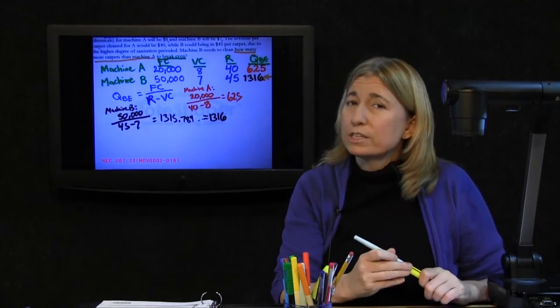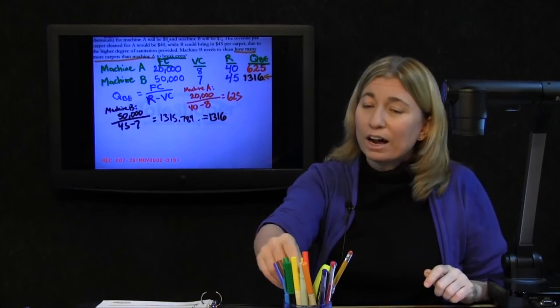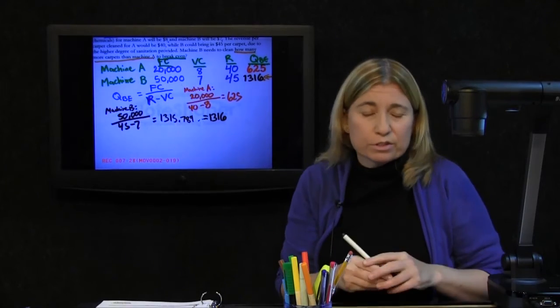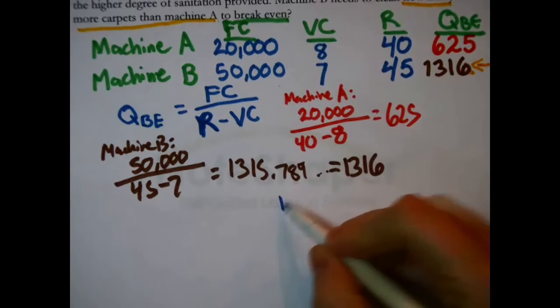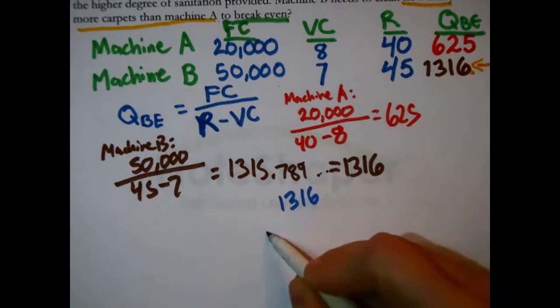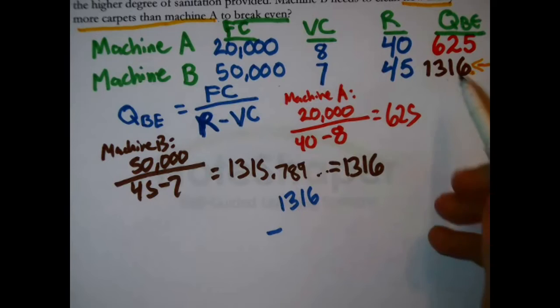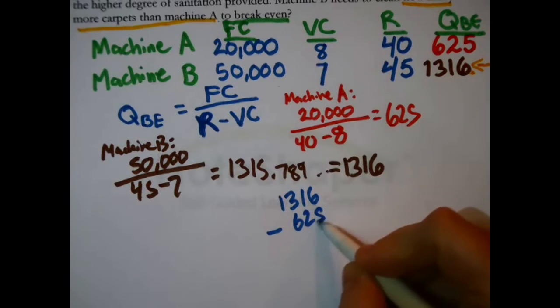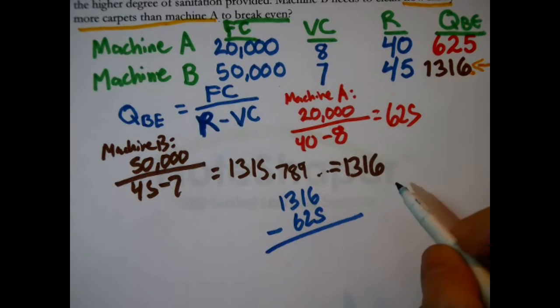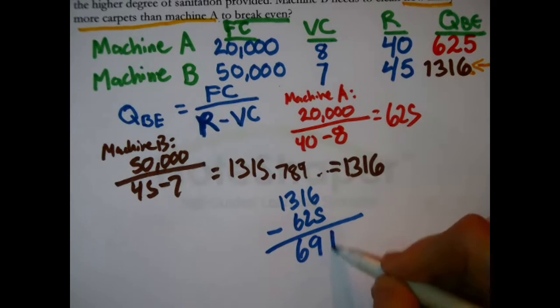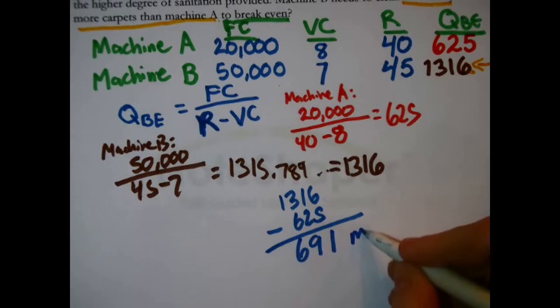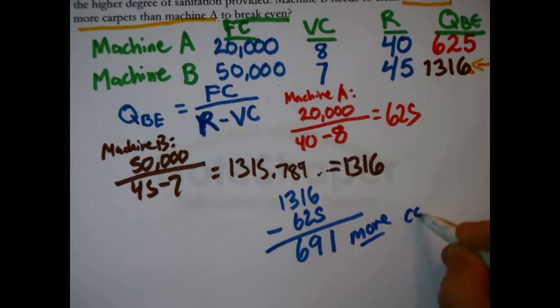Oh, the question is actually asking for not either one of those quantities, but the difference between the two. Well, we can do that. That's just simple arithmetic. 1,316, that's machine B, minus 625 reveals, I get 691. 691 more carpet cleanings.